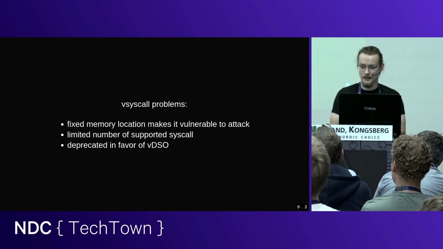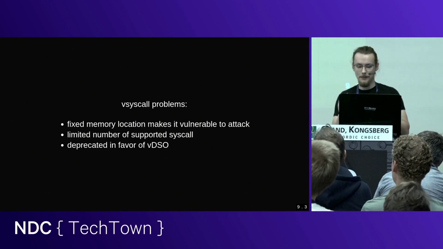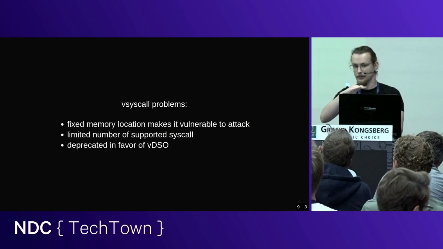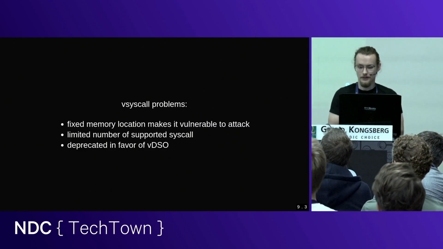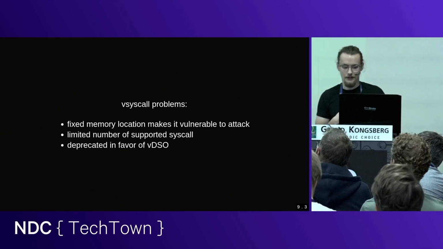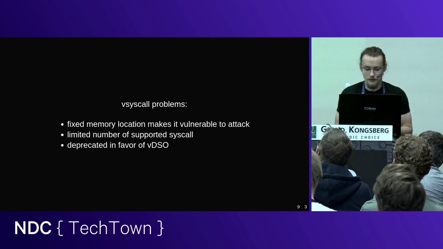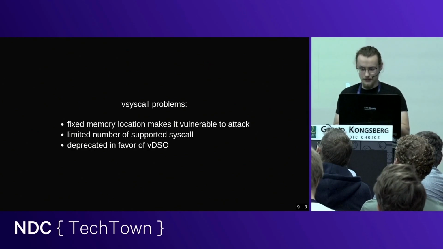But then ASLR was introduced, and now this cannot be randomized, because all the programs are expecting those functions to be exactly there. It's also a fixed size of memory which is mapped, so it supports a limited number of syscalls, and it's actually been deprecated in favor of vDSO, but it's still mapped for compatibility reasons. If you have some old program which relies on this, it needs to be mapped into your process space.